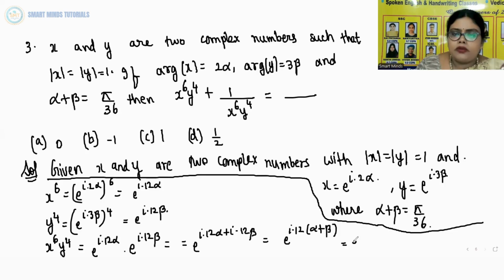So that is equal to e power i into 12 into pi by 36. 12 ones are 12, 12 threes are 36. So that is e power i into pi by 3. This is the x power 6 into y power 4 value.